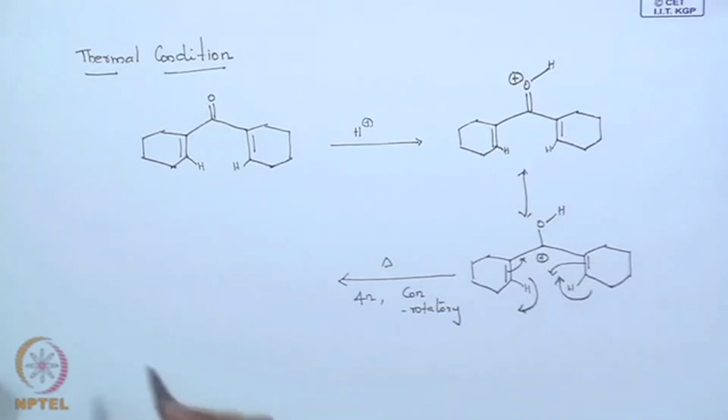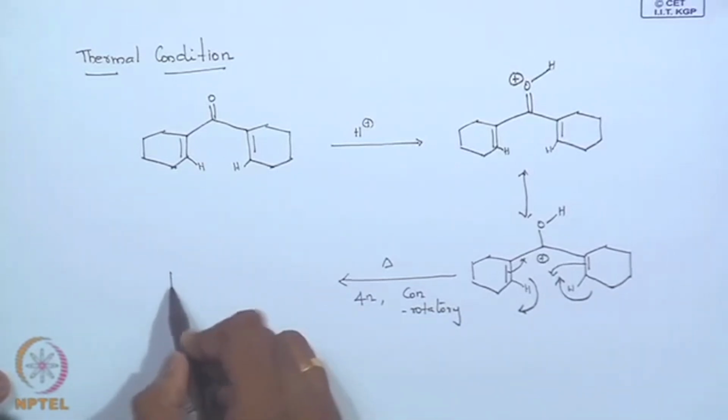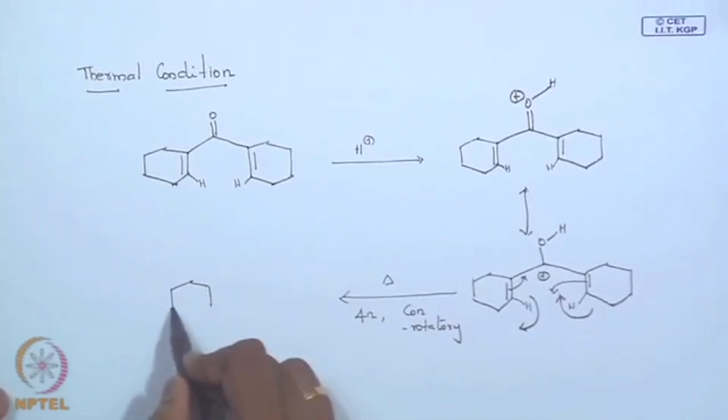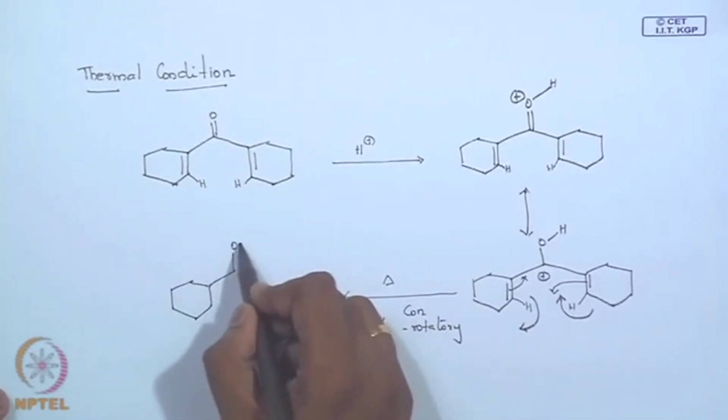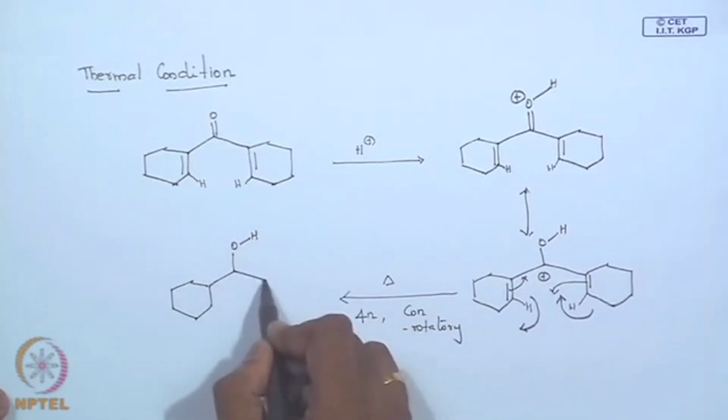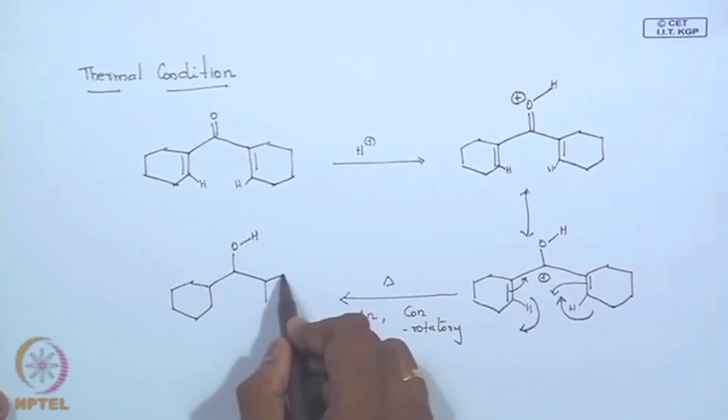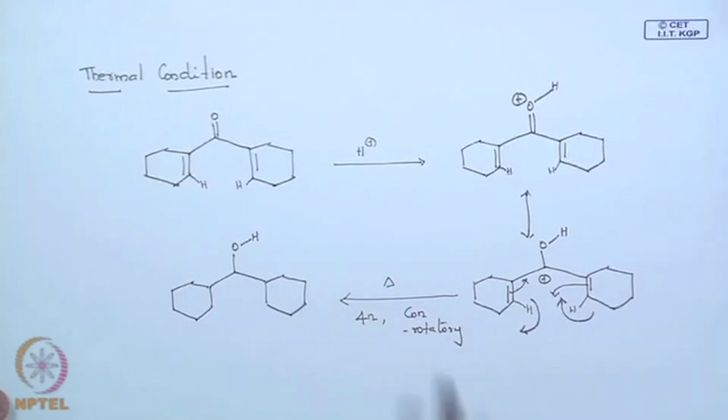So, what do you get then? You get a cyclization. One should be outside the plane, one should be in.